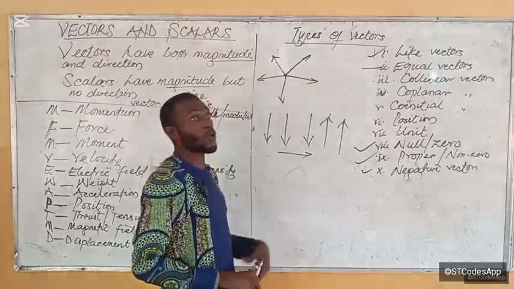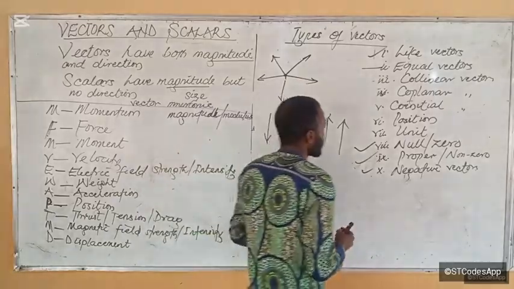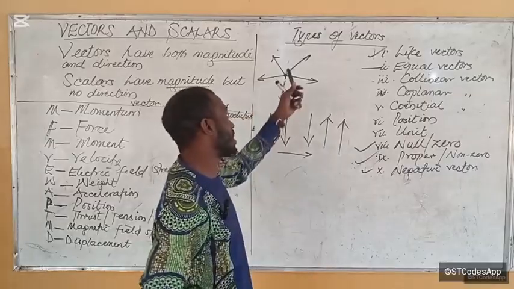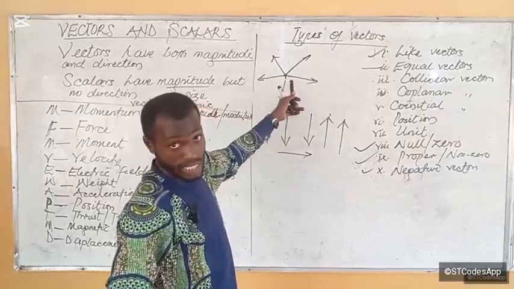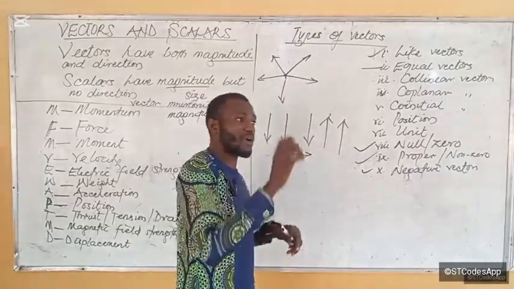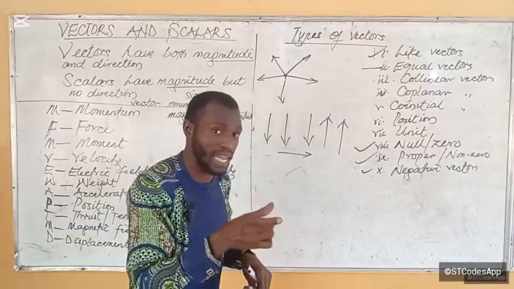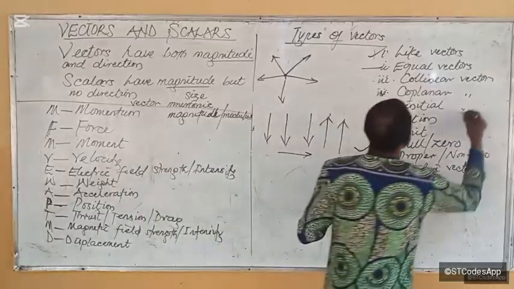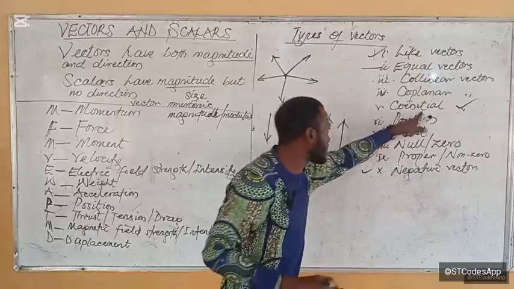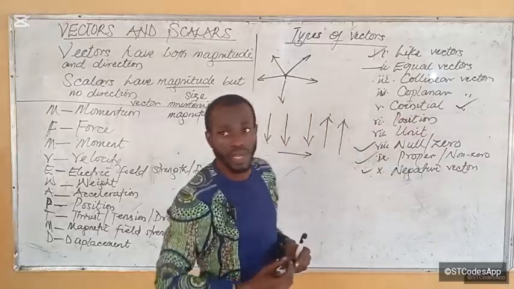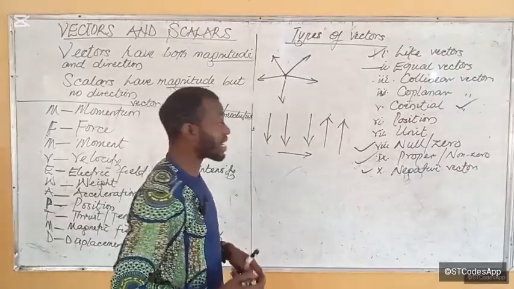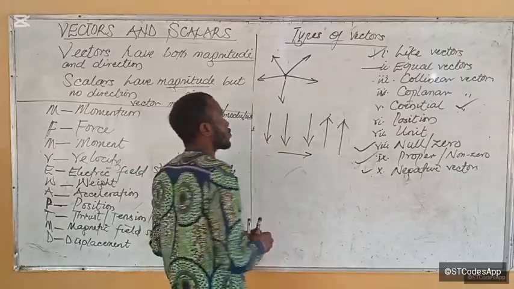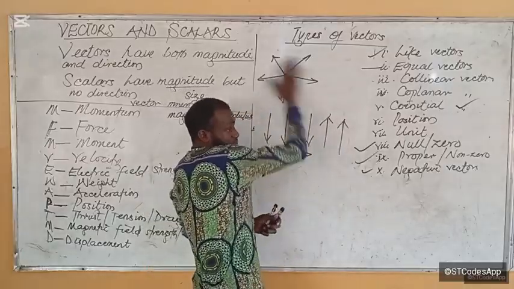They are also called concurrent vectors, because they're acting at the same time at the same point. But even if they are not acting at the same point at the same time, in as much as they originate from the same point, we call them co-initial vectors. Co-initial, that is similar origin, similar starting point. Is that clear? Now, if you look at it well, you see that they are on the plane of my board, right?